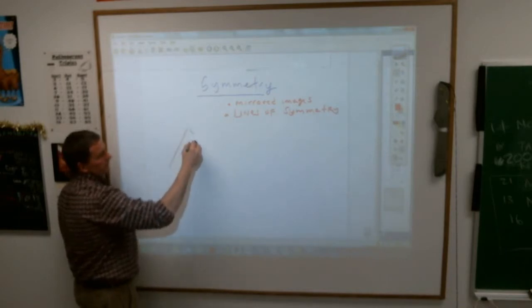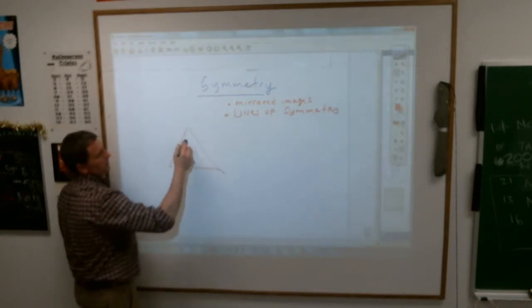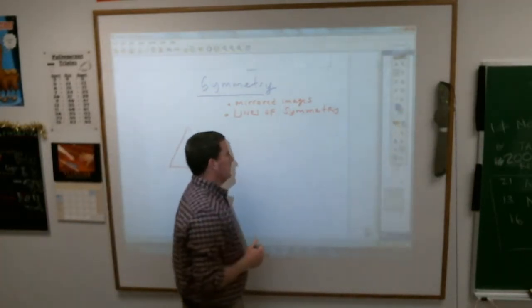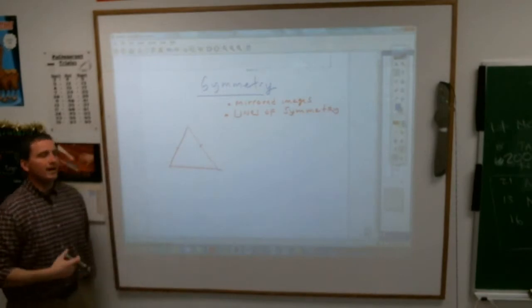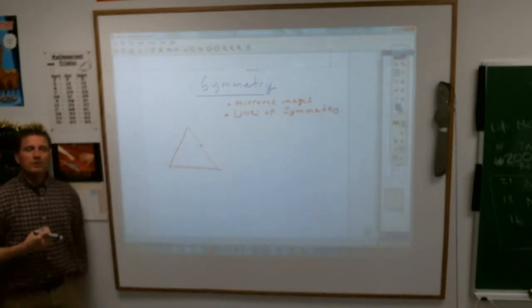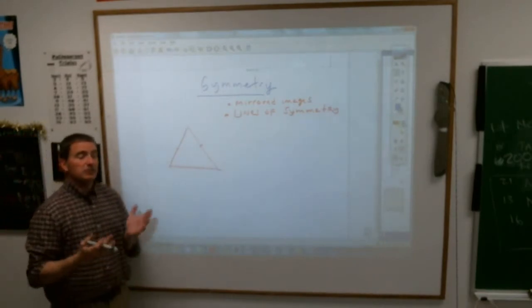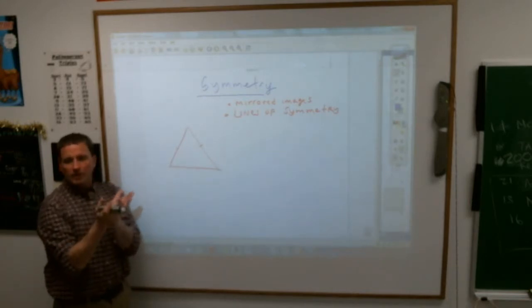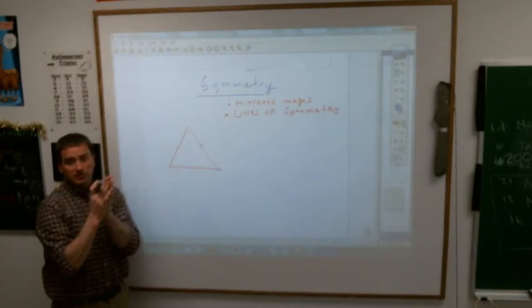If you have an isosceles triangle, and I asked you to draw me all the lines of symmetry. What a line of symmetry does is it divides a shape in half so that when you fold it along that line, you'll get something that matches up exactly.